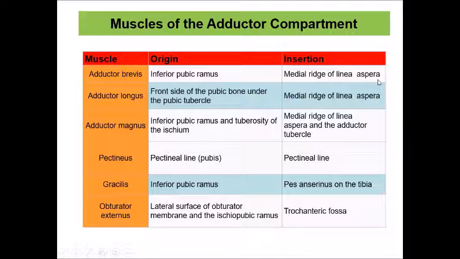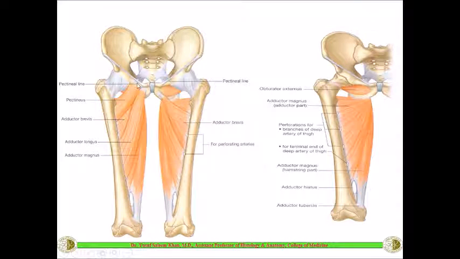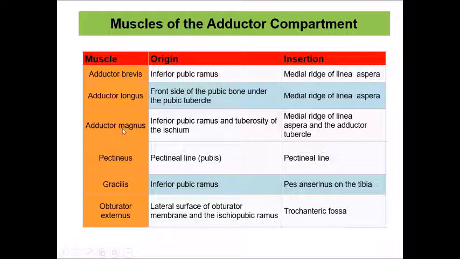The insertion is again to the medial ridge of the linea aspera. This is the adductor longus here, this is the adductor brevis and this is the longus. The adductor longus is in the front and behind it is the adductor brevis.